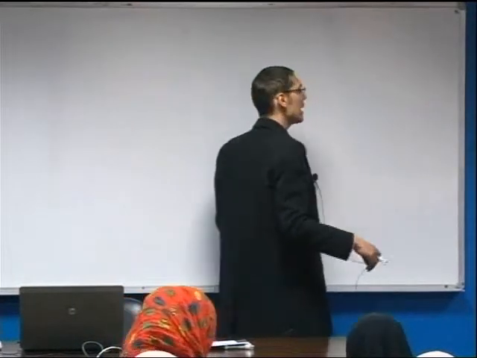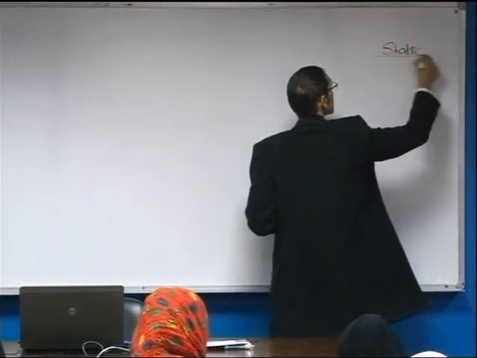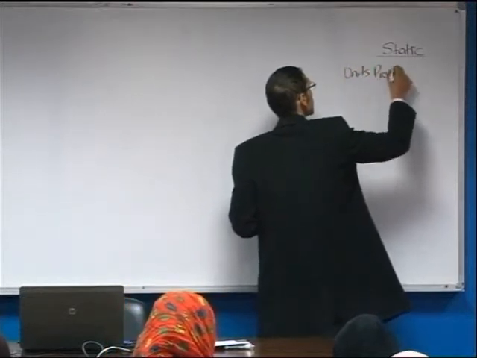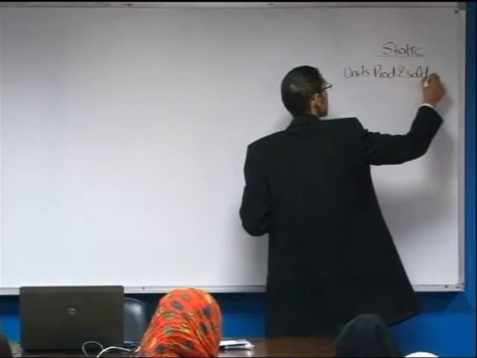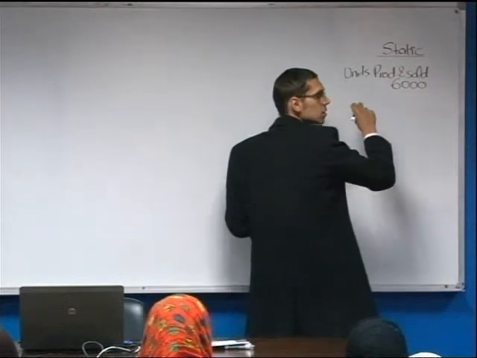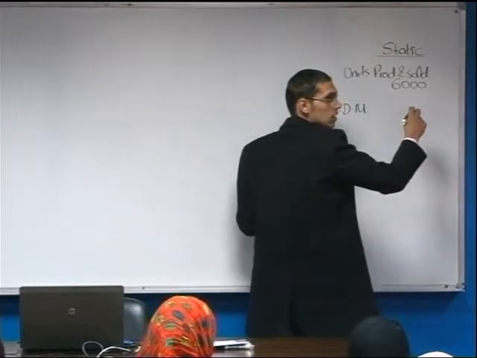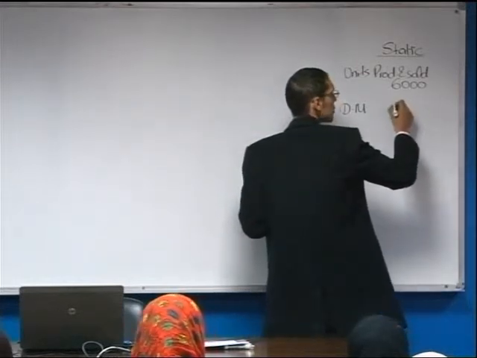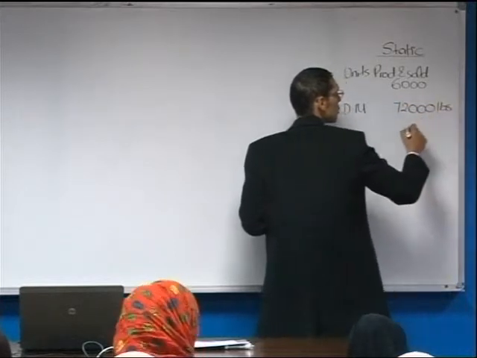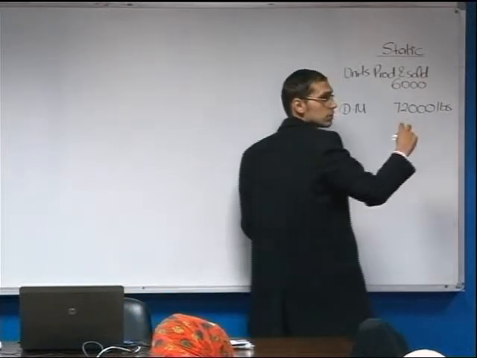information. According to the static budget, the units produced and sold is 6,000 units. They gave us direct materials by the 72,000 pounds, I think, by the amount of, what is the cost of the direct materials?